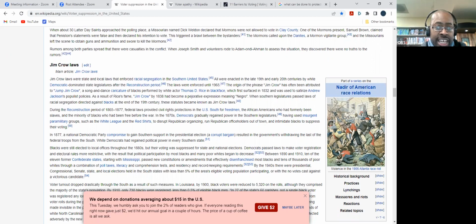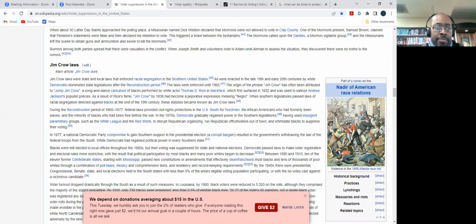So in this case, they had the poll tax, the literacy test, the comprehension test, and residency requirements, where they had to prove that they had a physical address, and record keeping was required.